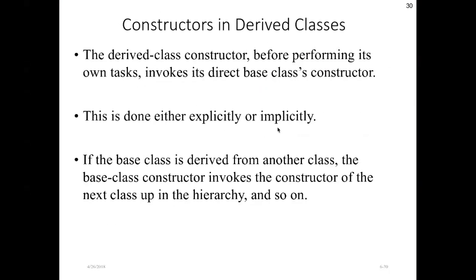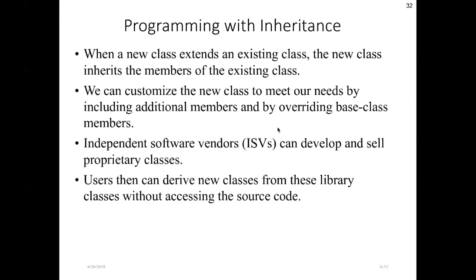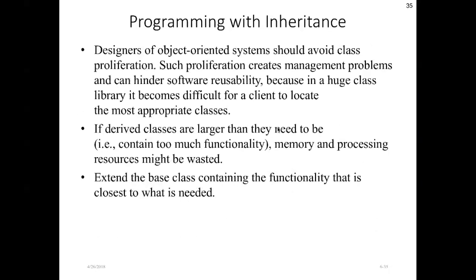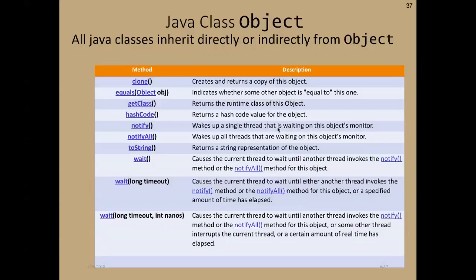Okay, constructor in derived class. Programming with inheritance. These are some methods from the Object class. It has these methods: toString, notify, notifyAll, wait, and wait has three versions.